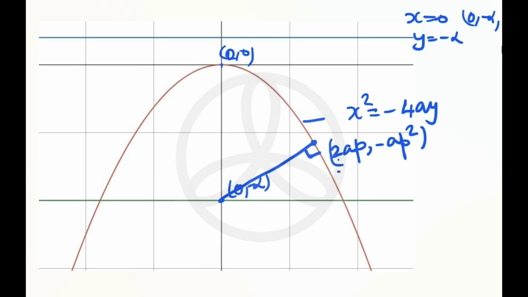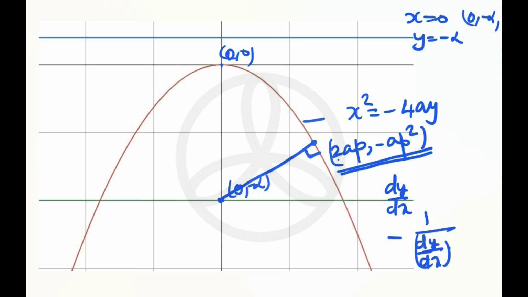This is being assumed this way for convenience in solving this particular problem. Okay. Now we have to find the slope of this line. The slope of the tangent line is dy/dx, and the slope of the normal will be minus 1 over dy/dx.